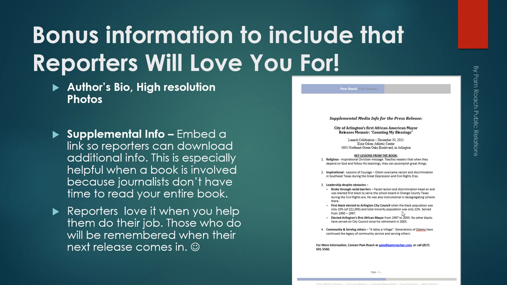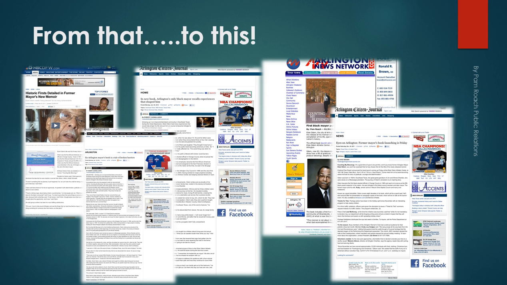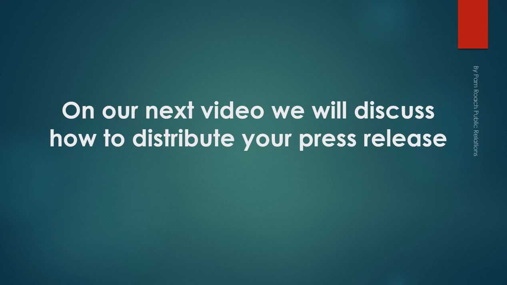Supplemental information they can pull out, different angles they can use to write their story. And I want you to know it really paid off because so much was written about this book, so much about his memoirs. And it's a 60-page book, but we got about 2 years worth of stories out of it, and only some of it is here.